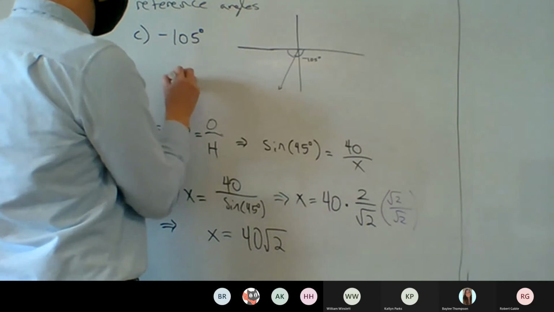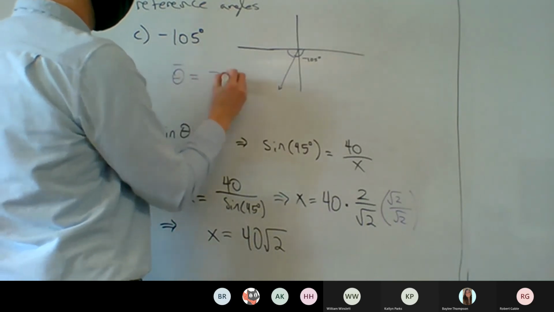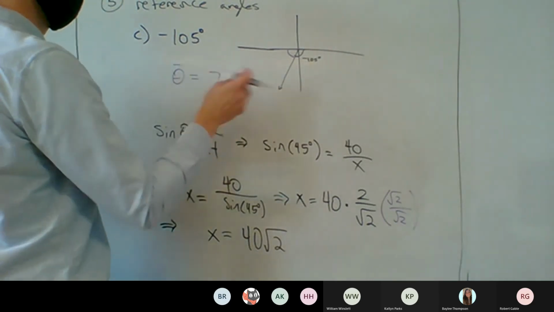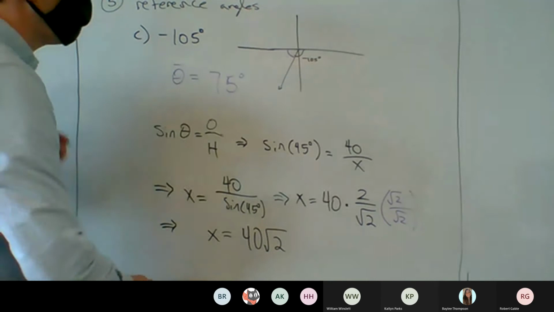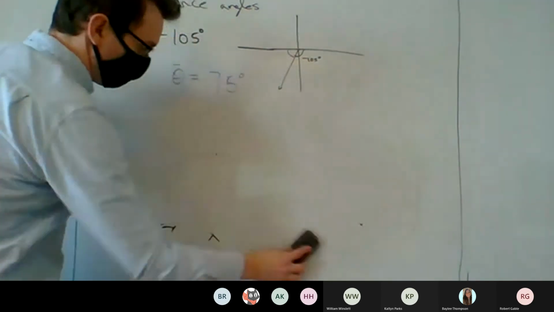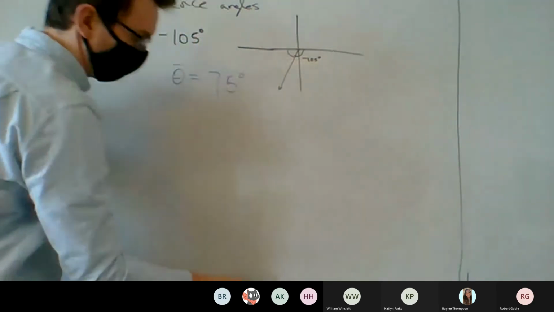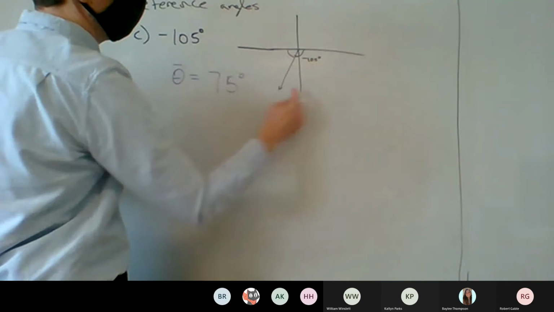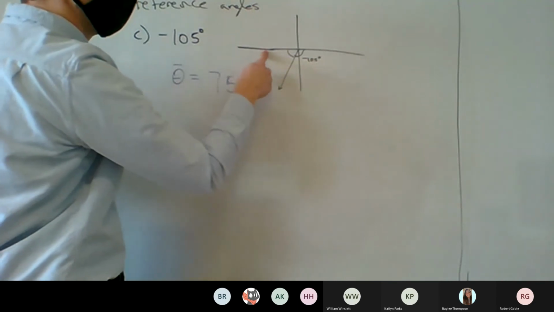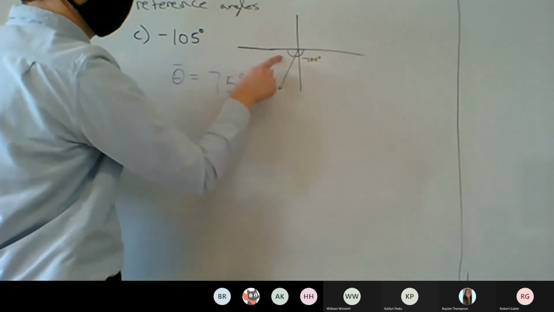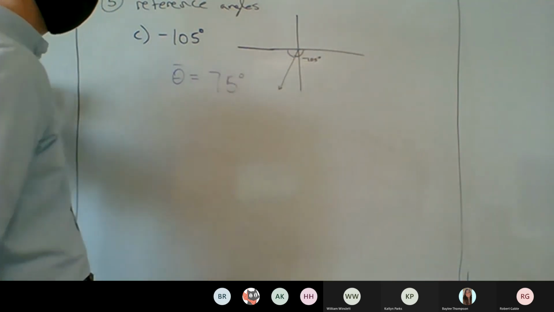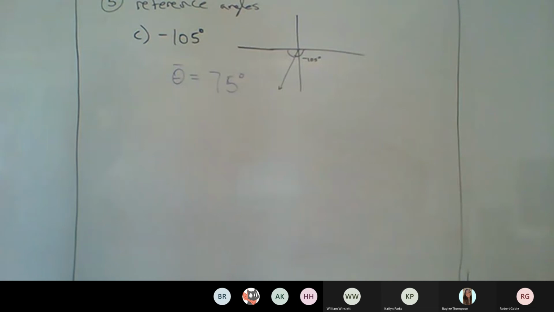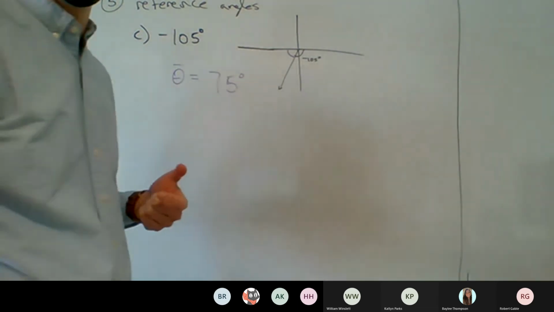You end up with your reference angle being 75 degrees. Going from here to here would be 180, so what angle has to be here to complete that? It must be 75, and it is positive. They should always be positive.